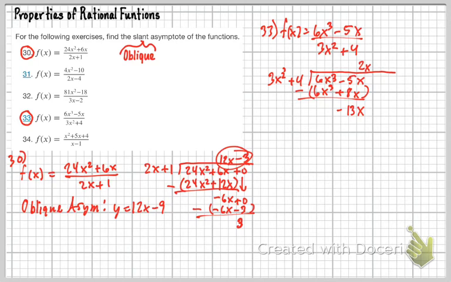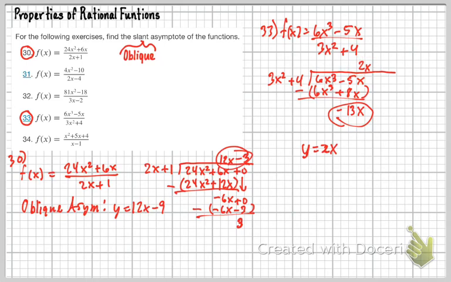The reason I know I'm done is because the degree of this polynomial is smaller than the degree of the divisor. So that oblique asymptote is going to be y equals 2x. Just remember that the oblique asymptote is the q(x).